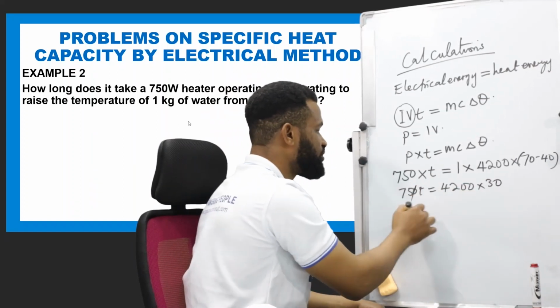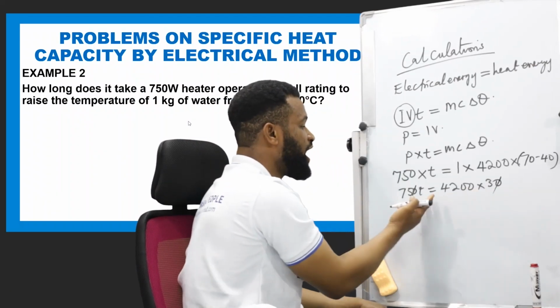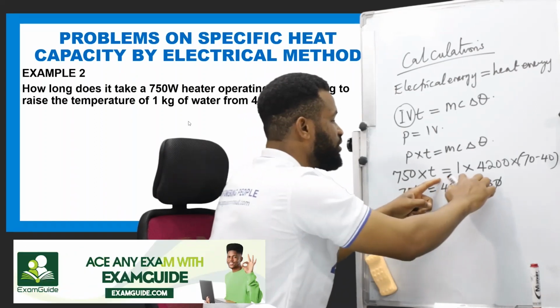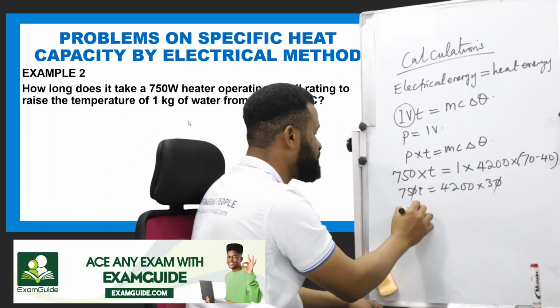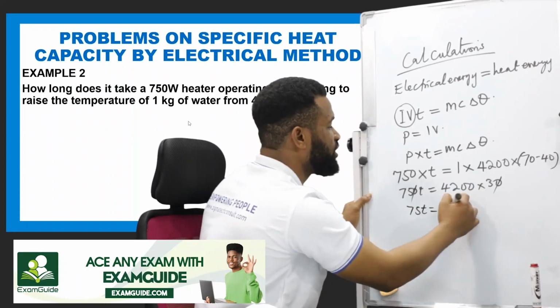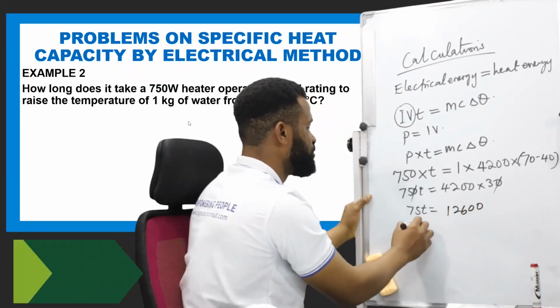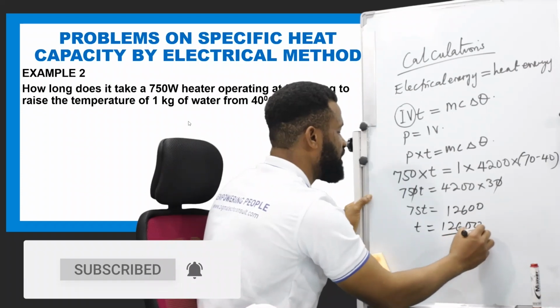So I'm going to cancel these 3, I'll cancel 0 here, 0 will cancel here. I choose to do this because there is no plus or minus separating this, and there is also no plus or minus separating what I'm doing here. So I have 75T is equal to 12600. So time is going to be 12600 divided by 75.